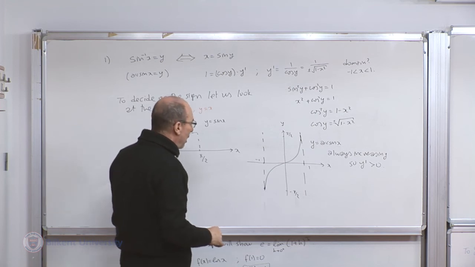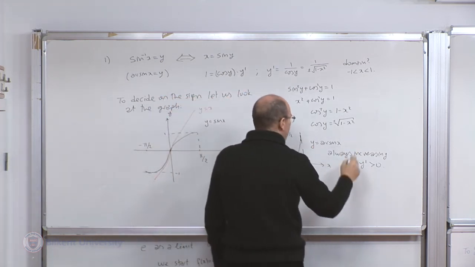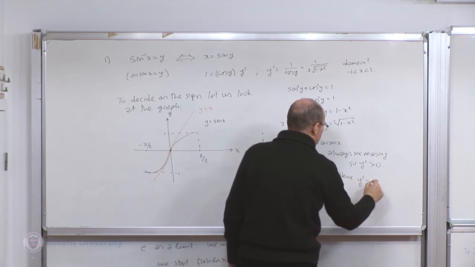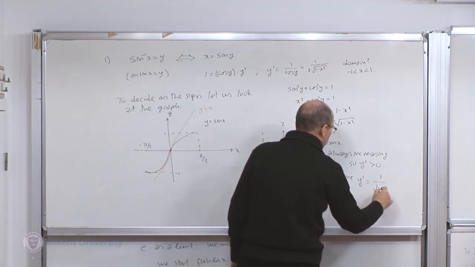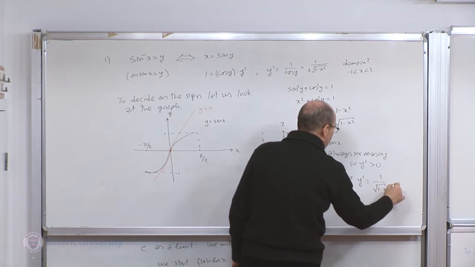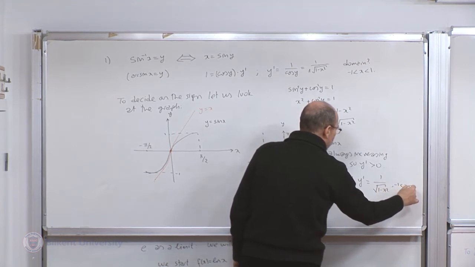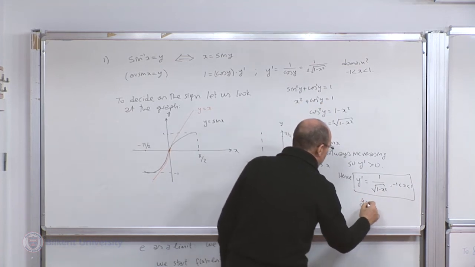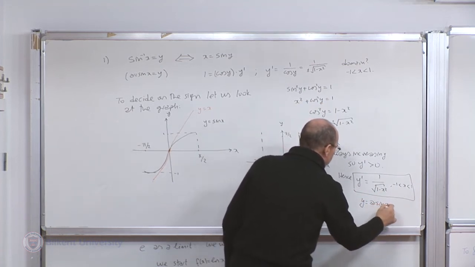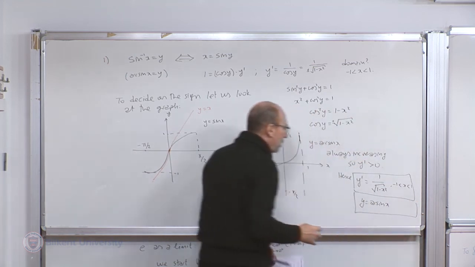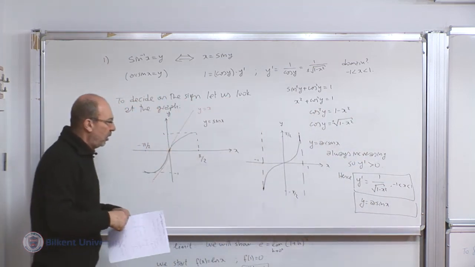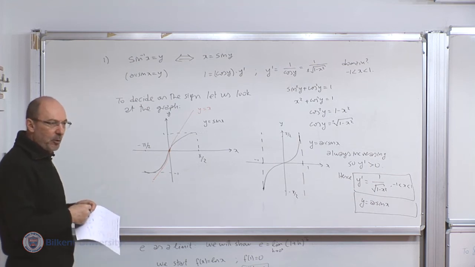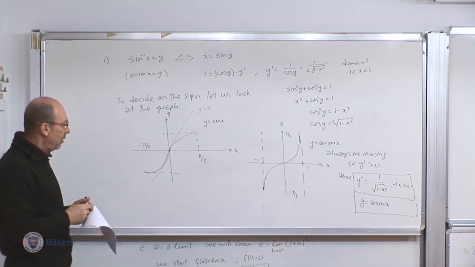Hence, y prime is equal to 1 over plus square root of 1 minus x squared, and x is between minus 1 and 1. So here y equals arc sine x. So with a little bit of combination of algebra and geometry, we totally understand this.